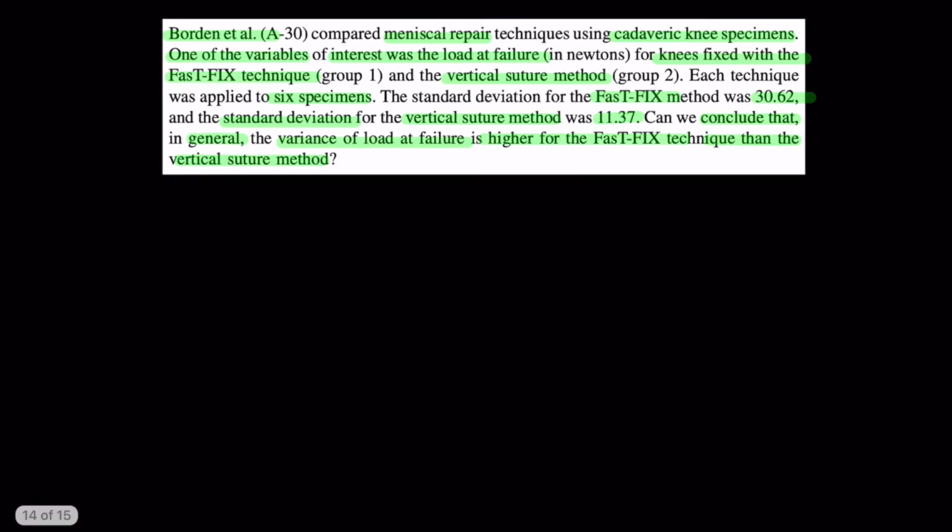So the alternative hypothesis asked in the problem is whether sigma 1 square is greater than sigma 2 square. The null hypothesis can be sigma 1 square is equal to sigma 2 square.